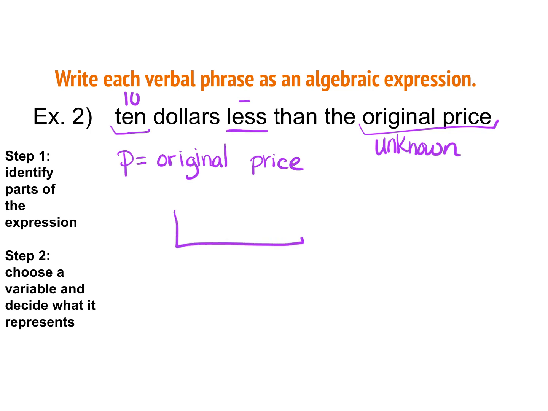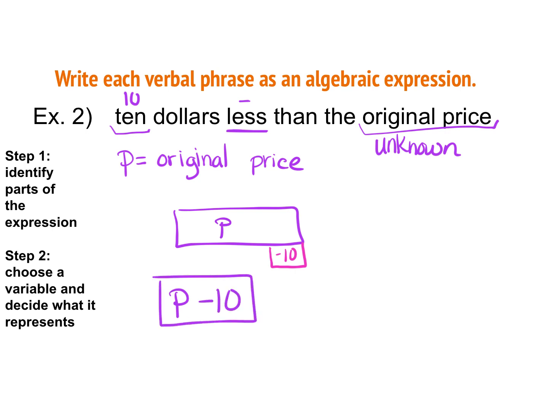So if I have my original price, which is P, and it says it's $10 less, that means I have my original price, and then I'm going to take away this 10 from it. So that means my original price minus 10 is going to be my expression. Most students like to say 10 minus P, but that's not true. It's not $10 and then I'm taking the original price away. I have the original price and then I'm taking $10 away from that.